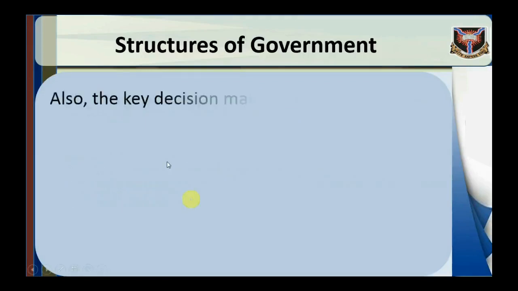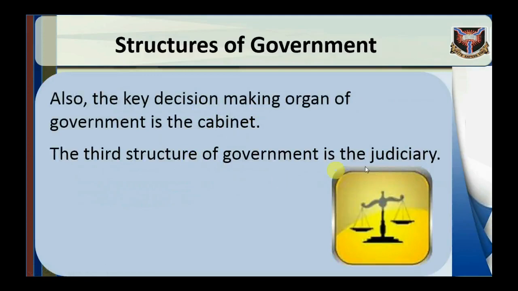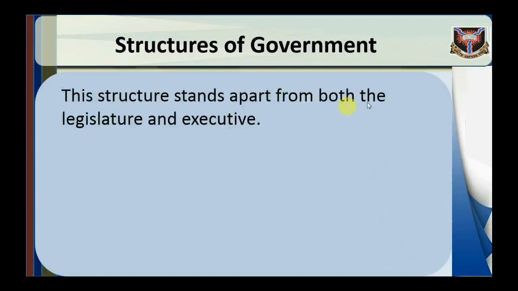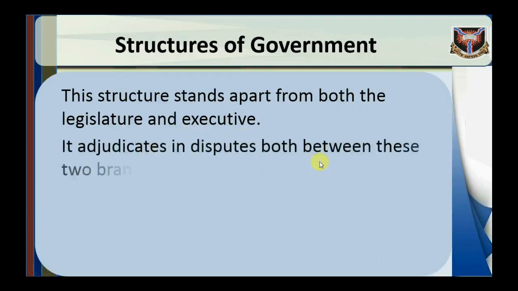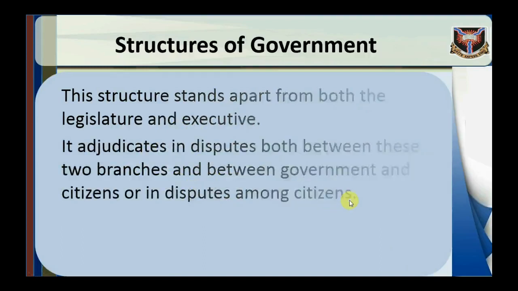In the parliamentary system, the key decision-making organ of government is the cabinet. The third structure of government is the judiciary. The judiciary stands apart from both the legislature and executive, and adjudicates in disputes both between these two branches and between government and citizens, or in disputes among citizens.